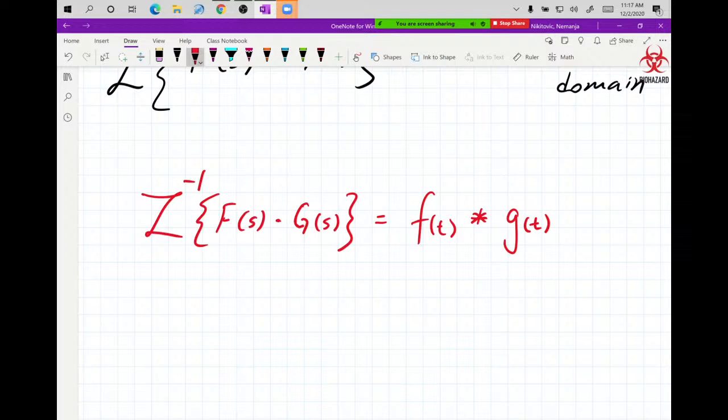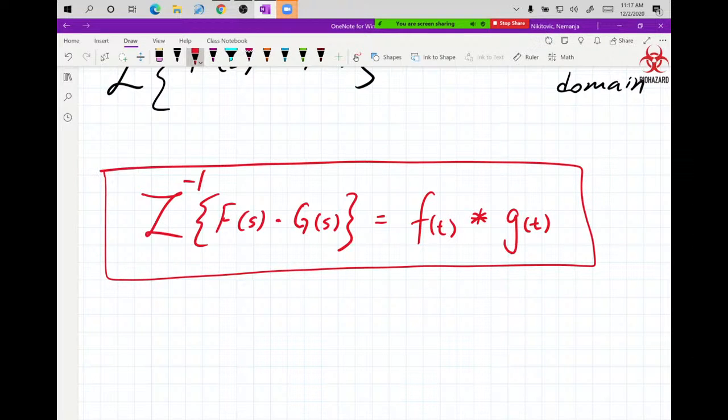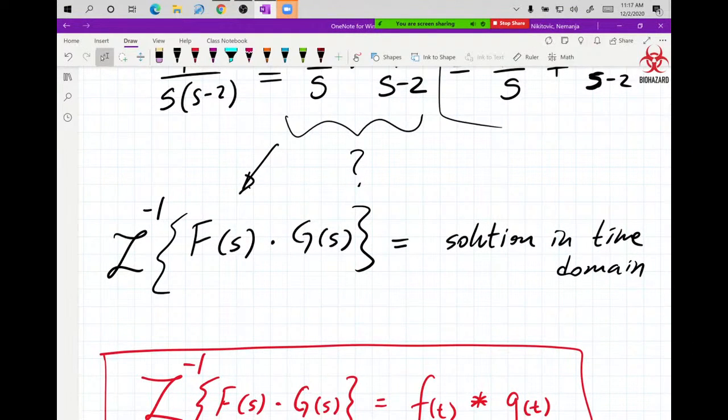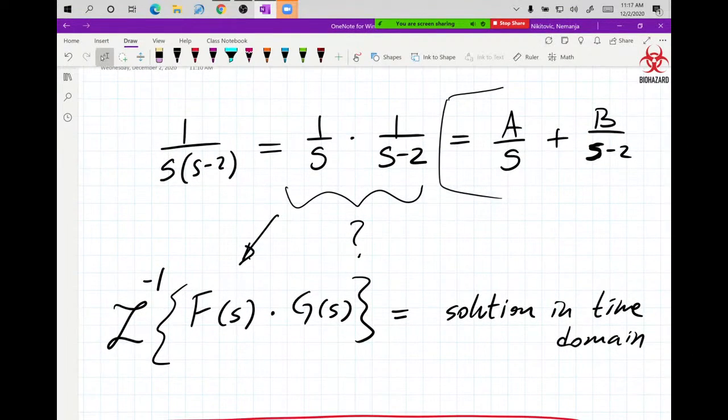Now we still don't know what this means, right? That's what the lecture is about. But the interesting thing here is that if I have this and I know how to deal with this formula, then I don't have to do partial fraction decomposition. So this one kind of cuts in and deals with it right here.